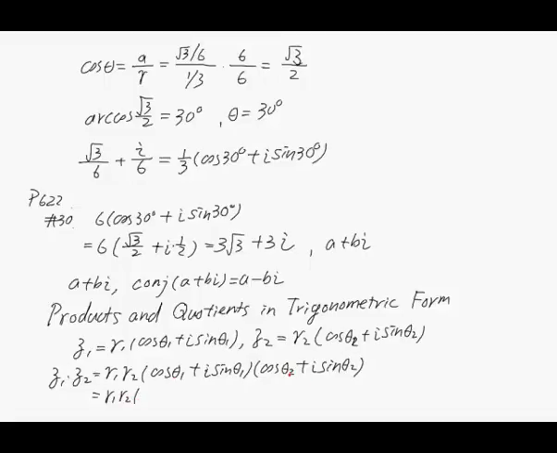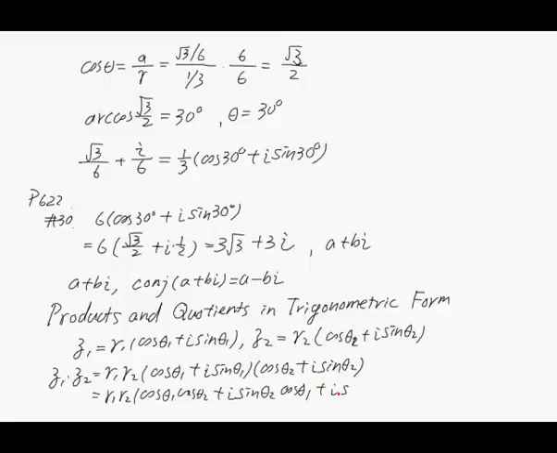Cosine theta 1 times cosine theta 2, then cosine theta 1 times I times sine theta 2. So you have the I times sine theta 2 times cosine theta 1. And then you have the I times sine theta 1 times cosine theta 2.